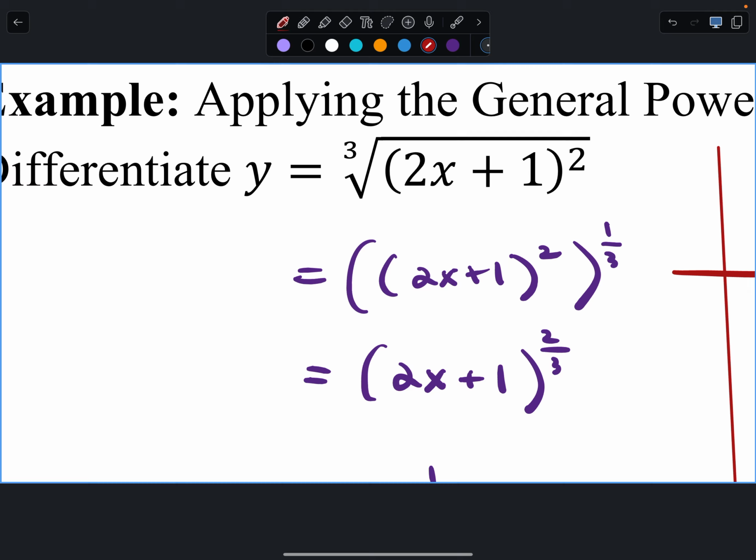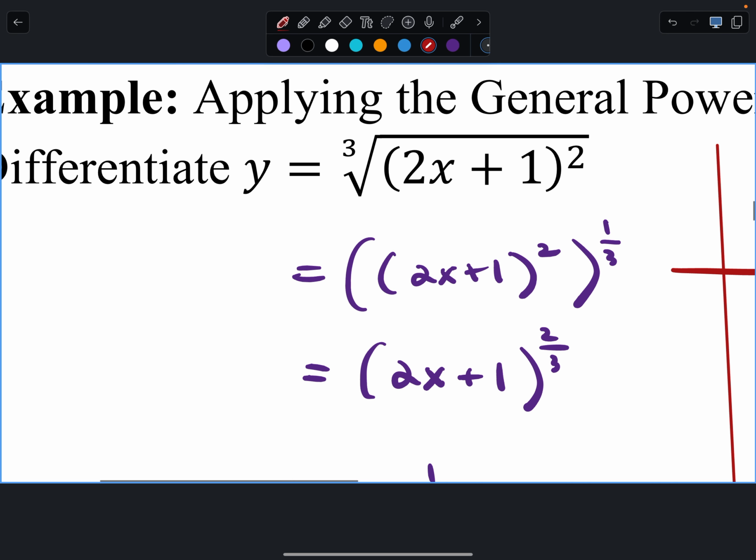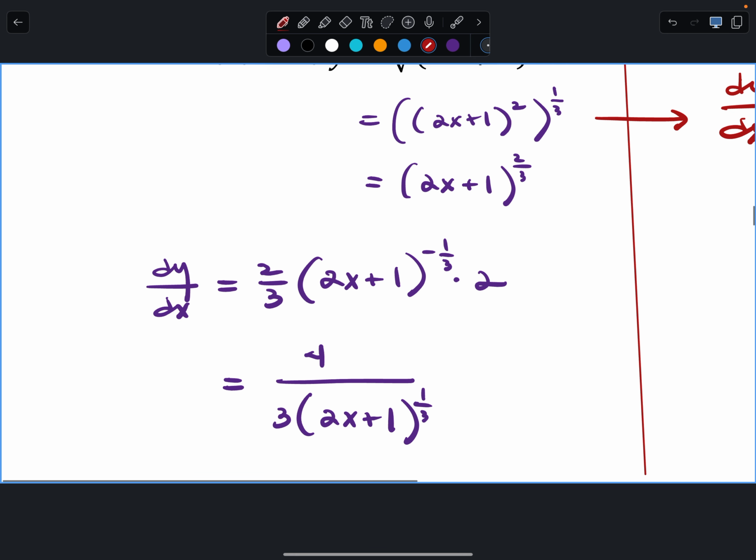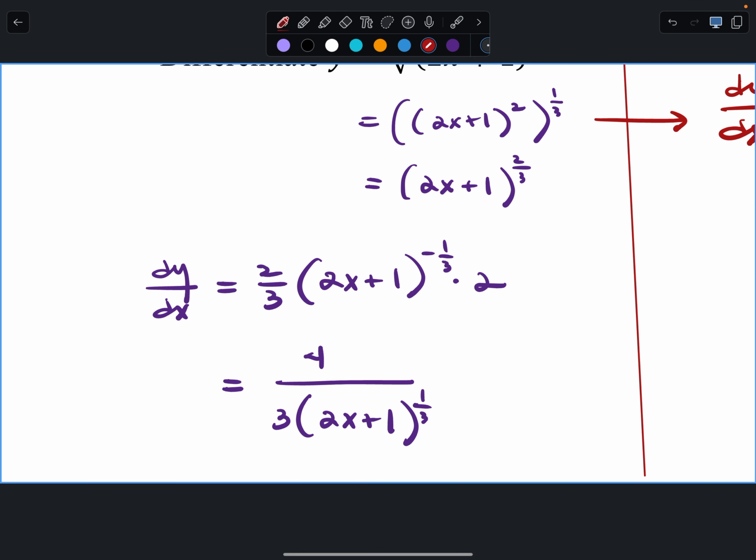Nobody? Well, this one's a function inside of a function inside of a function, chain rule inside of chain rule, which is kind of fun. But this way is definitely the faster way. It allows you to just think about using the general power rule: derivative of the outside, leave the inside alone, times the derivative of the inside, and get rid of your negative exponents. Did we get the same thing?